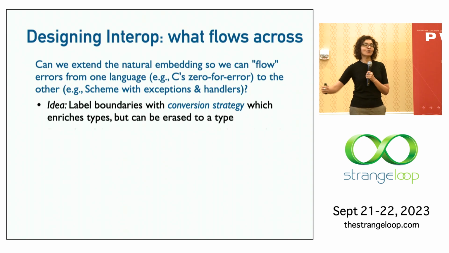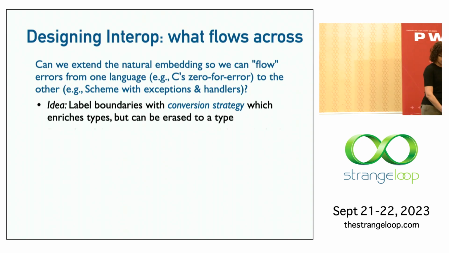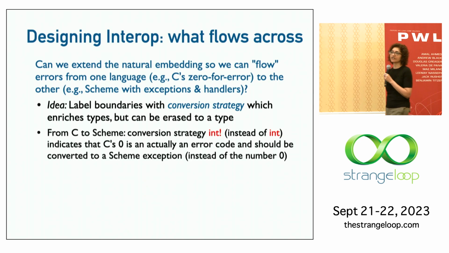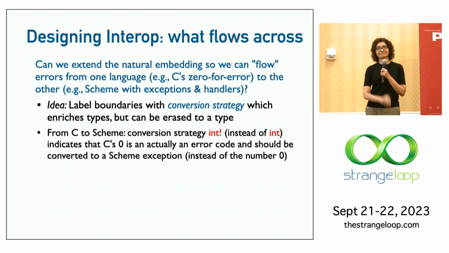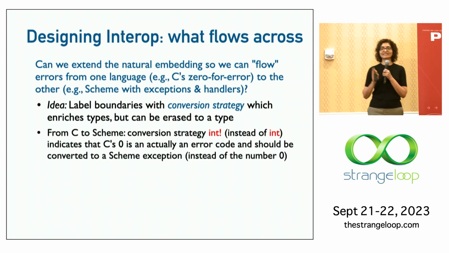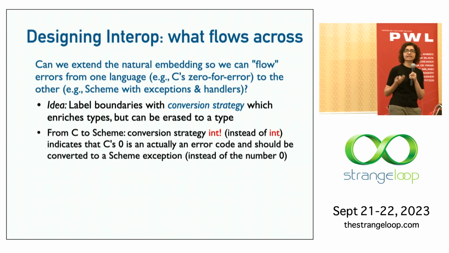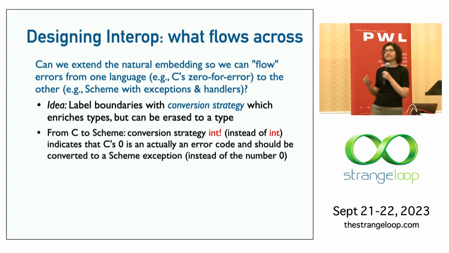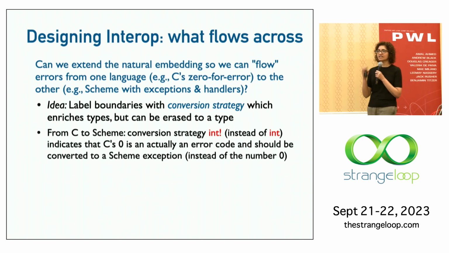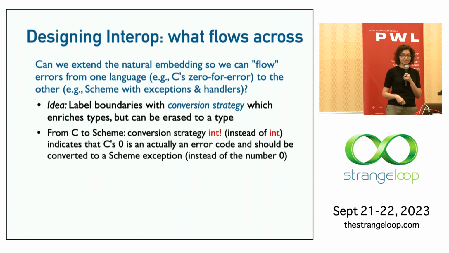So what they do is they introduce this new kind of conversion strategy called int bang. There's no int bang in ML or in C, but the bang indicates that I might be expecting an error in this condition. So now you label these boundaries with these richer conversion strategies, which are richer than types.